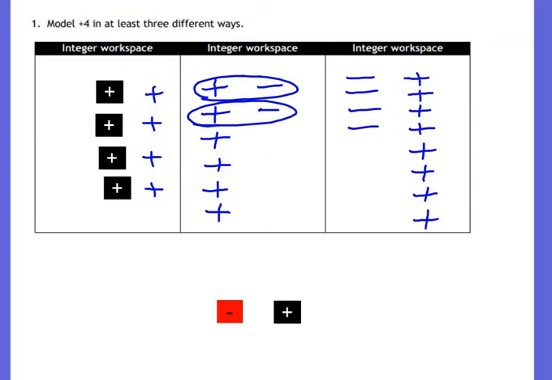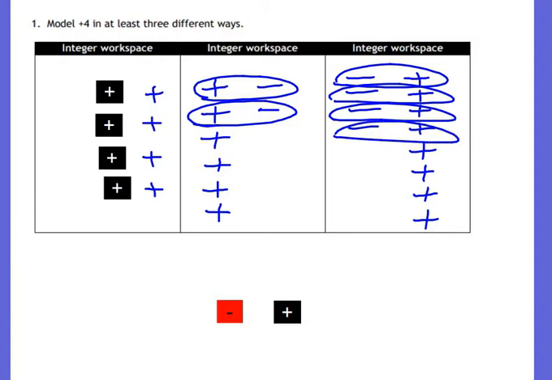Is that going to represent a positive 4? Yes. So how many 0 pairs do I have? 4. 4 0 pairs. That leaves 4 positives left. So it does represent a positive 4.